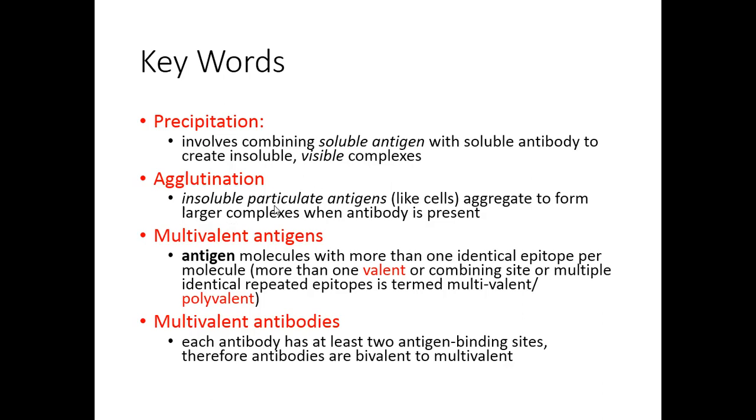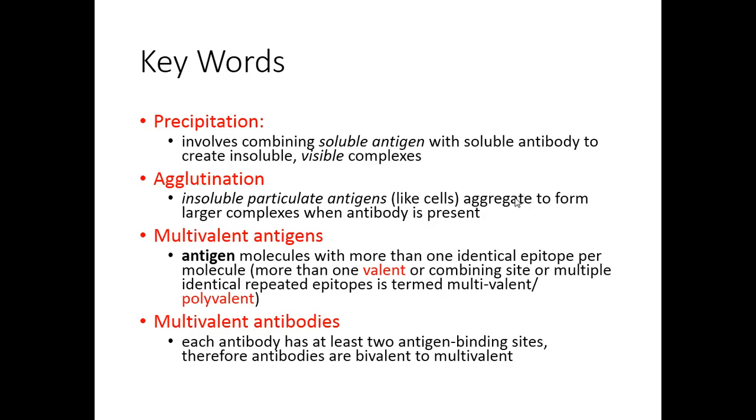Agglutination, on the other hand, starts with an insoluble antigen. Think like a red blood cell or a bacteria, that when it binds to an antibody, which is soluble, of course, they aggregate out to form much larger complexes that are visible for us to see.